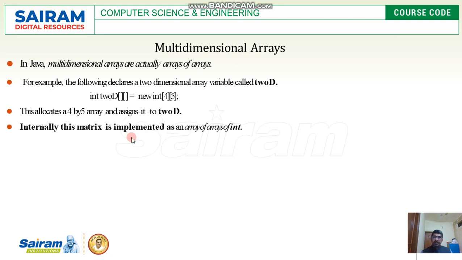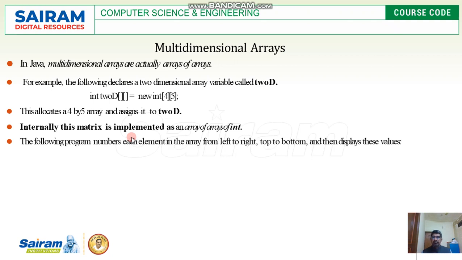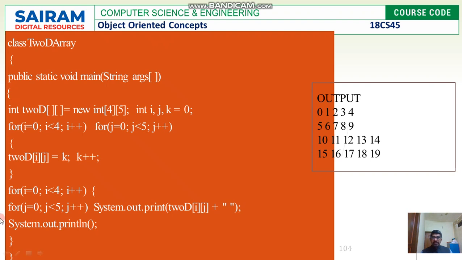Normally, two-dimensional arrays are represented in the form of a matrix. So let us see a small example. We have public static void main, and twoD is going to be the array name. We have taken new, so this is the way we declare and allocate the array, where new is used to allocate the space.